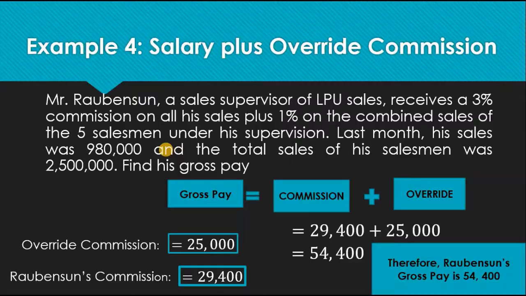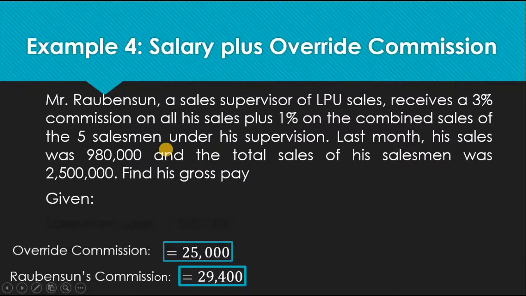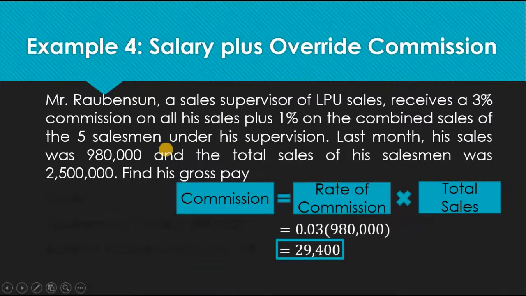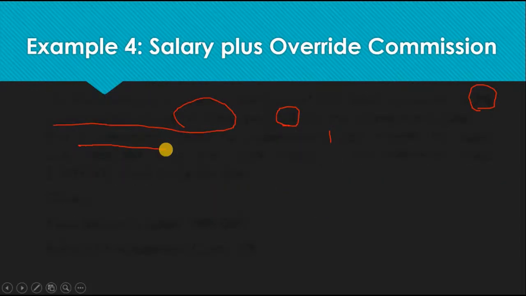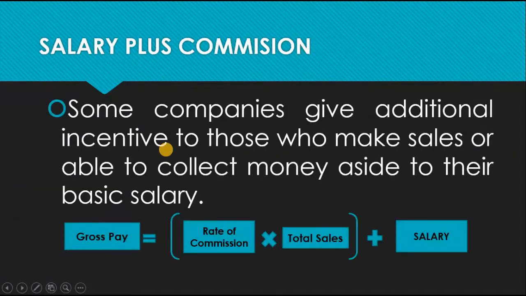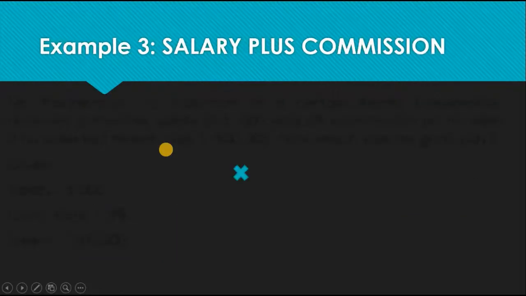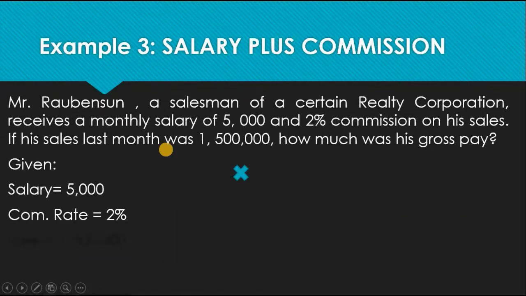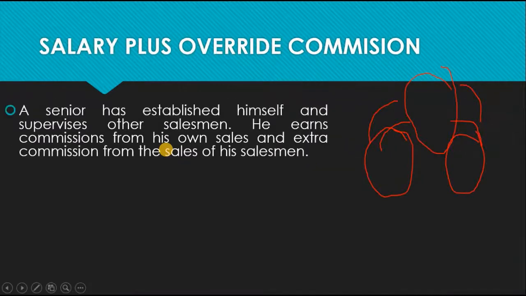Again, as a review, what are the four types of commission? First is the straight commission. Second is the override commission. Third is the salary plus commission. And lastly is the salary plus override commission. That's how commission works.